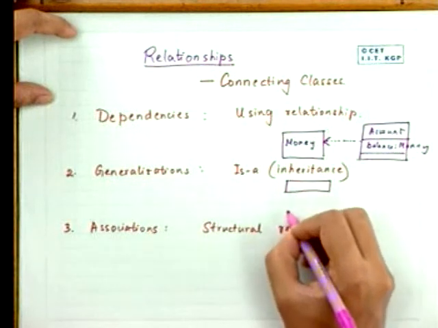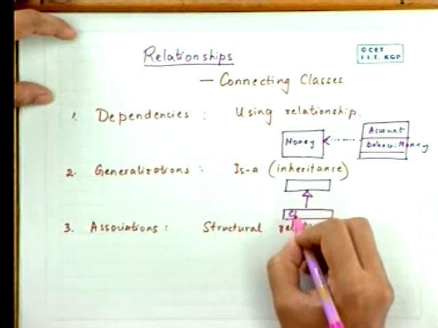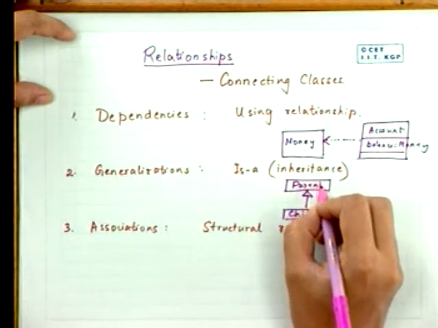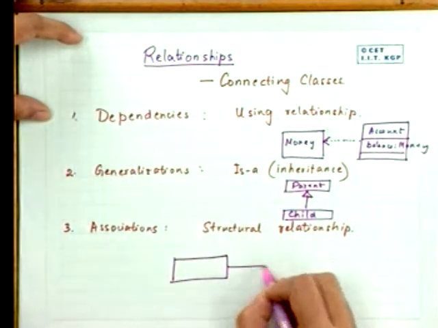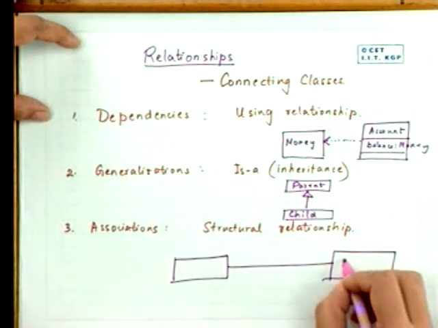A generalization relationship is denoted by an arrow from the child to the parent. And the association relationship is denoted by a link between the two associated classes.